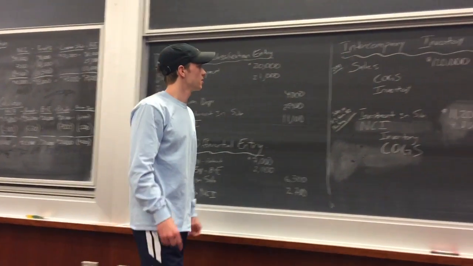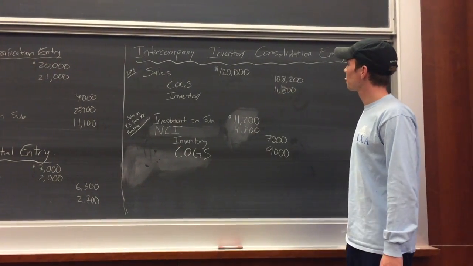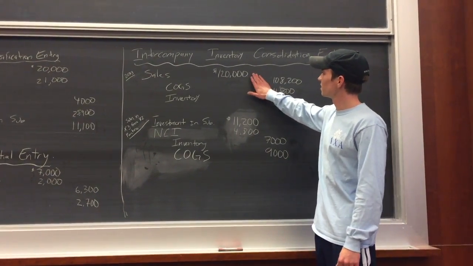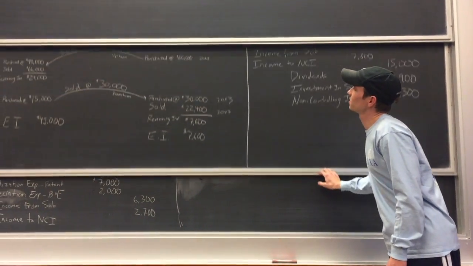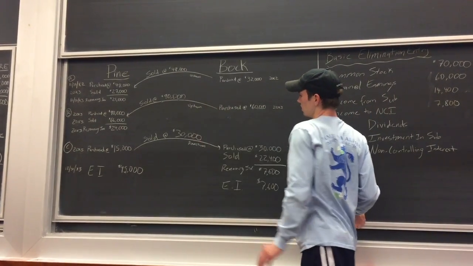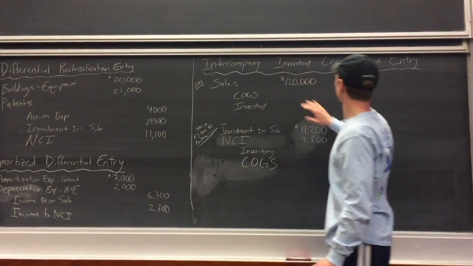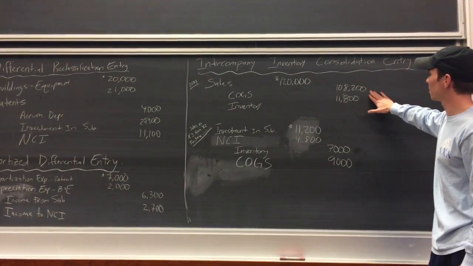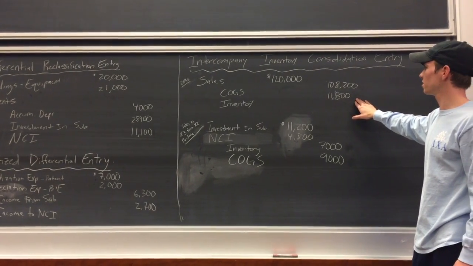And then for our intercompany inventory consolidation entry, we debited sales for 120,000, and that's for all the sales in 20x3, the 90 and the 30. And then we credited cost of goods sold for 108,200 and credited inventory for 11,800.